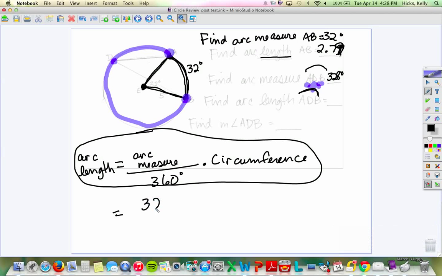So our arc length this time is our arc measure, which is 328 degrees, divided by 360 degrees, times our circumference, which is exactly the same as it was last time. It's 2 pi times our radius. So we get that in our calculator. And I got 28.62.